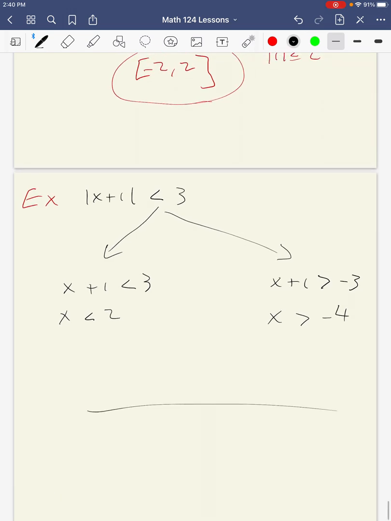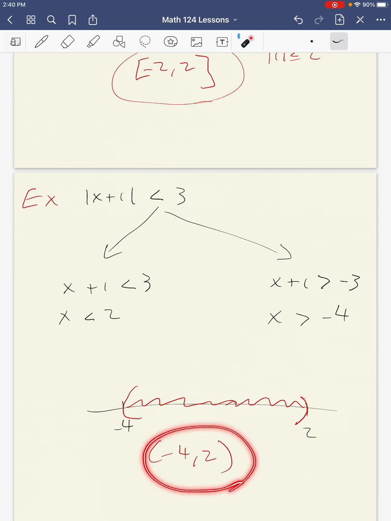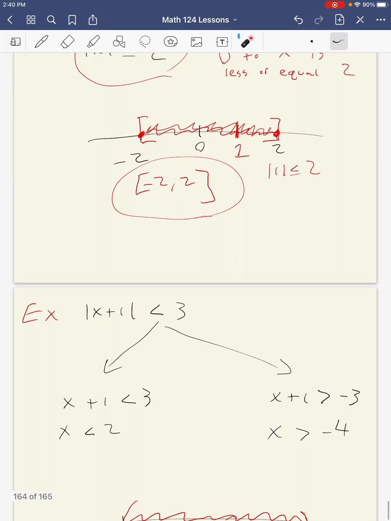Okay, so it may help to draw a number line. Here's -4, here's the number 2. So we're saying we're less than 2, so these numbers less than 2, but greater than -4, so it's going to be these numbers here, -4 to 2. And I used open parentheses here because we had a strict inequality.